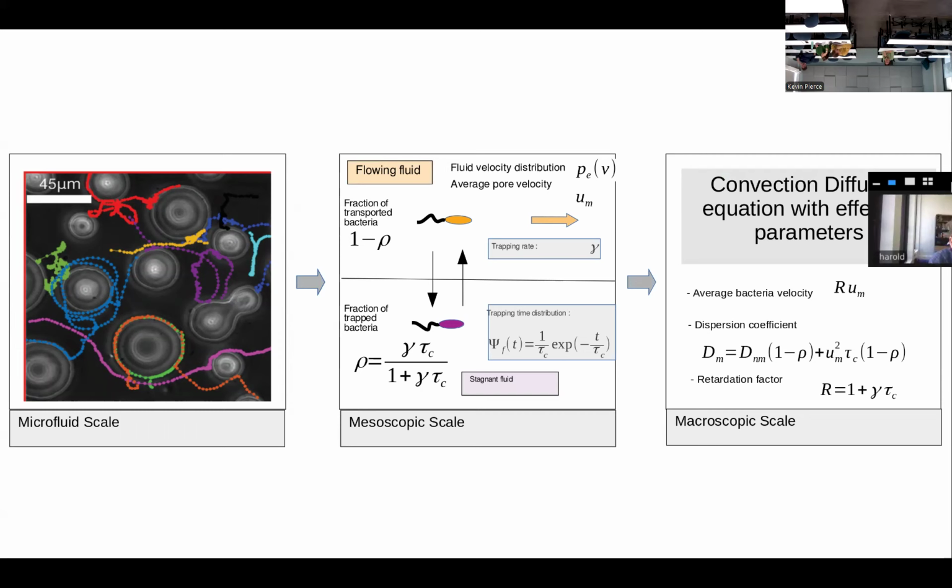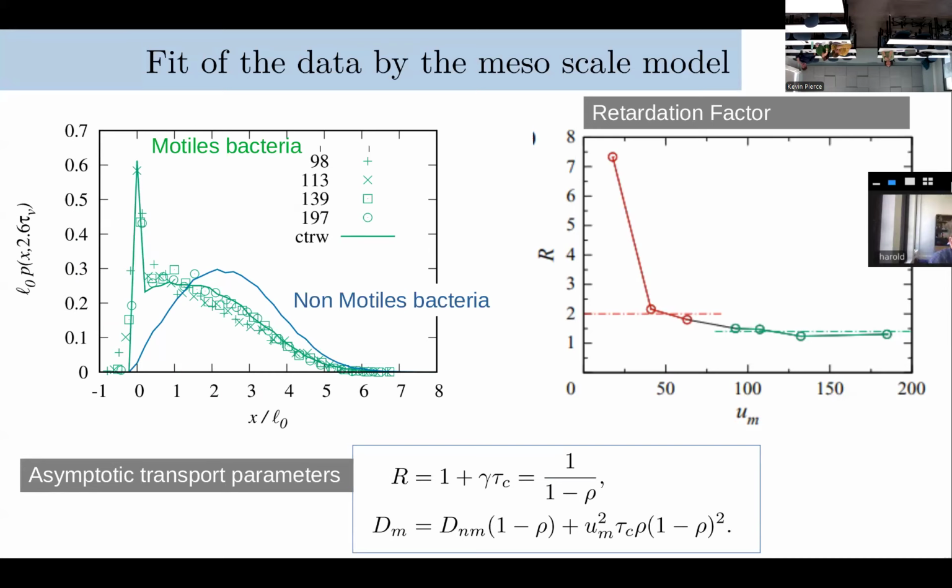So on the next slide, it's a test of the model. The symbols are experimental data, and the line is the model. And you see the model is quite good and is able to fit our data. And from the fit by the model, we are able to obtain the asymptotic transport parameters.